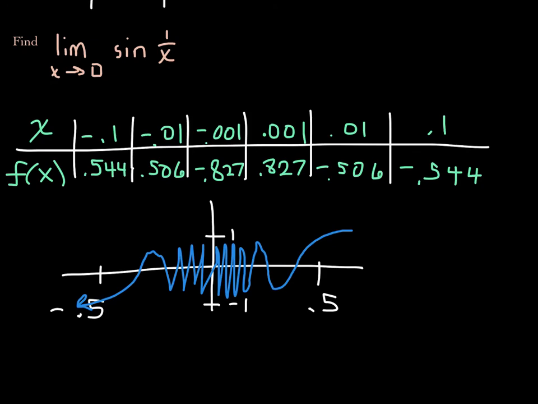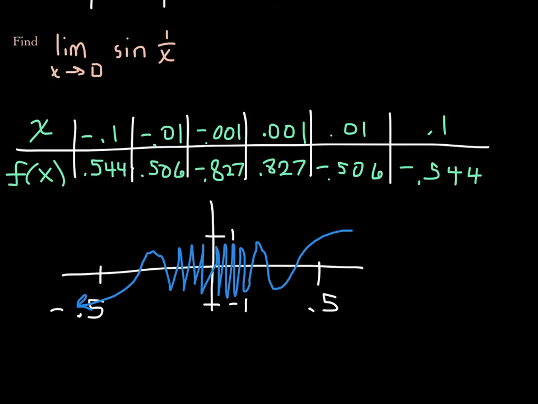Notice that the graph oscillates faster and faster as x approaches 0. It goes up, down, up, down, up, down. So as you get closer and closer to 0, the function keeps on bouncing up and down very fast. That helps confirm our suspicion of these function values earlier when we were building our table.